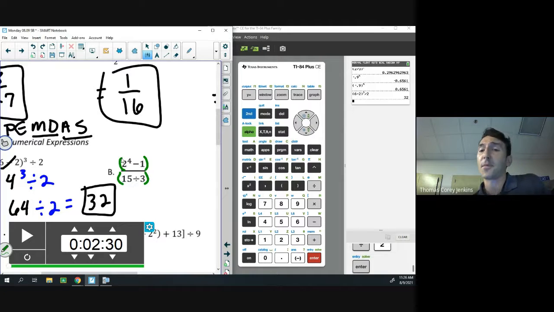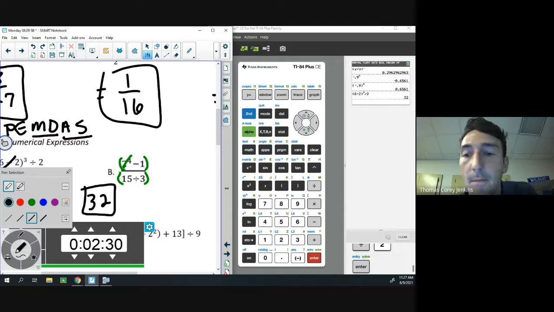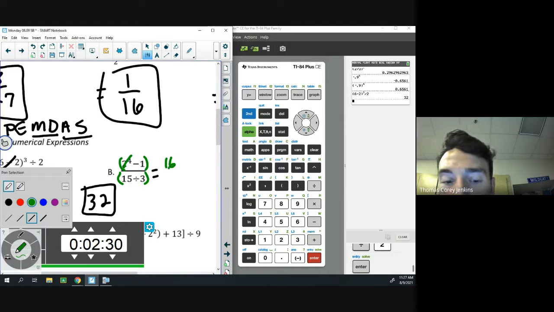So looking at my numerator, what I'm going to do first is 2 to the 4th before I subtract. So what is 2 to the 4th? 16. And we can go ahead and do 15 divided by 3, save us a little writing.